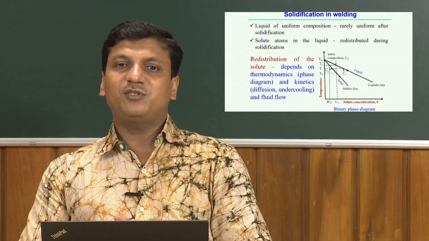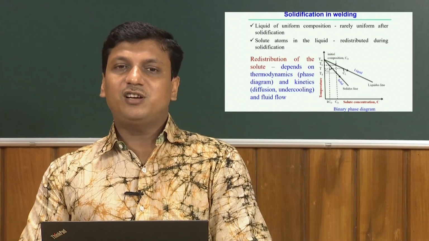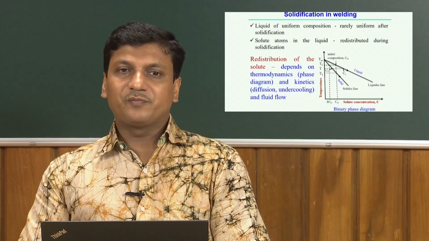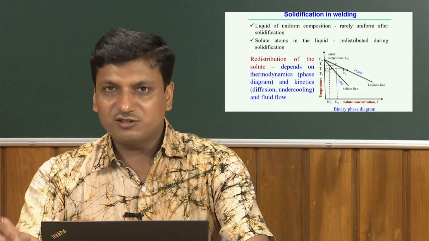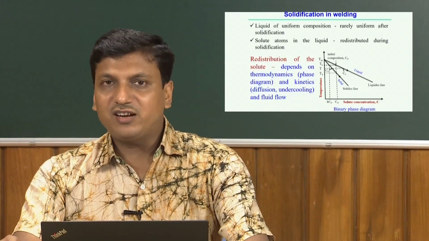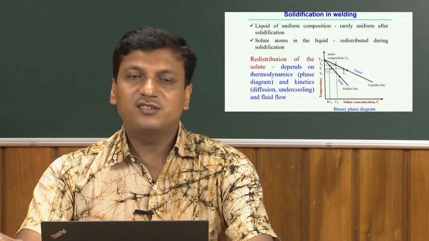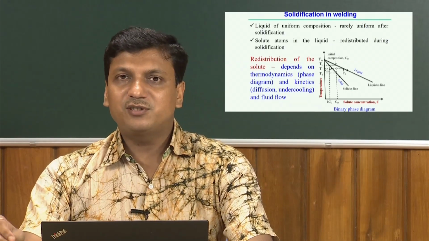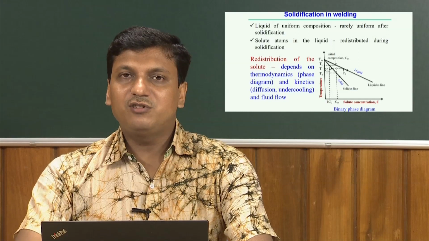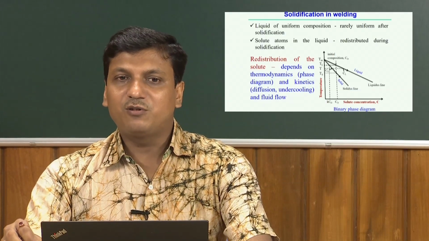The redistribution of the solute atoms during solidification in a binary alloy depends on the thermodynamics, that means the phase diagram, and the kinetics. Kinetics means the diffusion, undercooling, and any material flow.